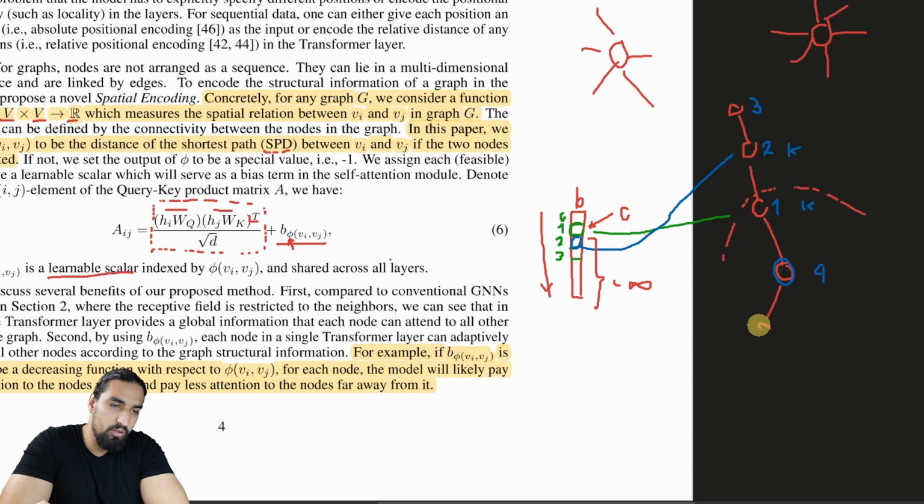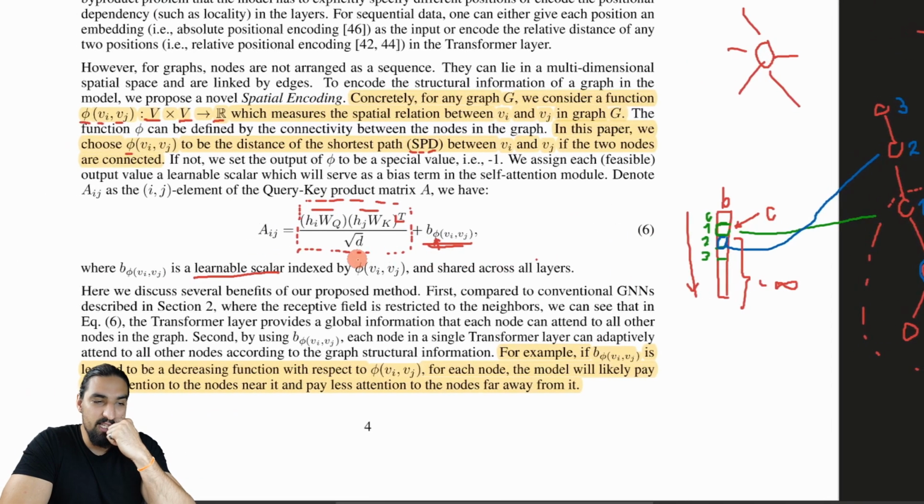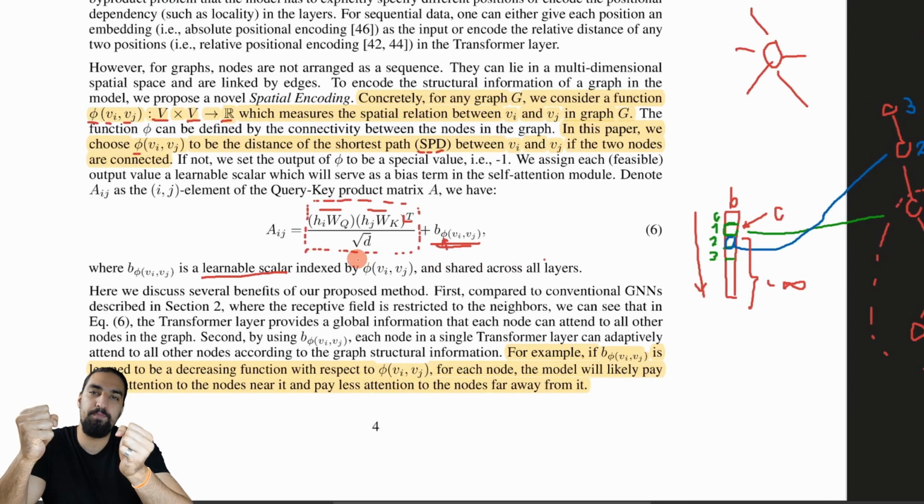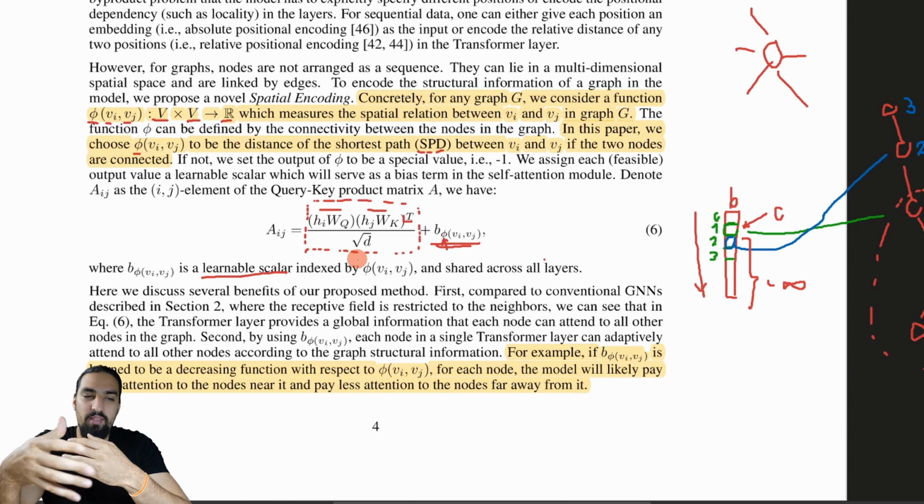So if we had more direct neighbors, we'd be basically focusing only on the one hop neighborhood just because of this learnable scalar here. So that's the idea there. This is how they encode this structural information of the graph via these shortest path distance scalars.